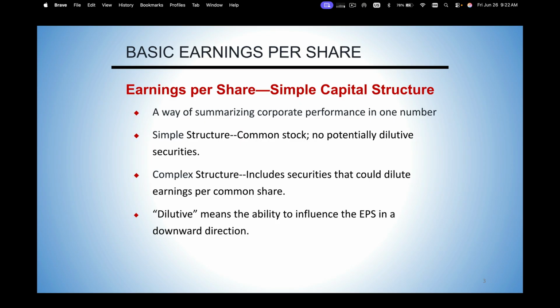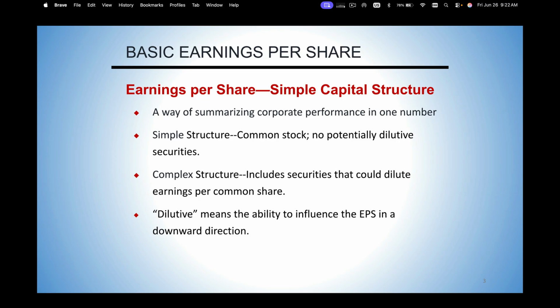Earnings per share is one number that is used very commonly to evaluate the performance of a company. For a simple capital structure, there are no stock options or convertible securities that could potentially dilute the shares and make the earnings not as valuable as someone might have thought.